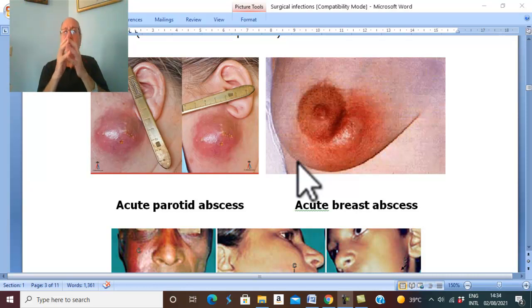But the environment of the abscess is acidic, which may cause the local anesthetic to lose its effect.